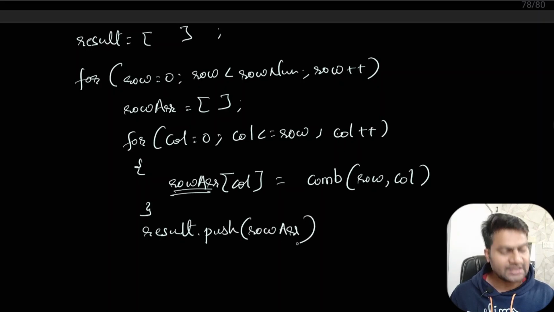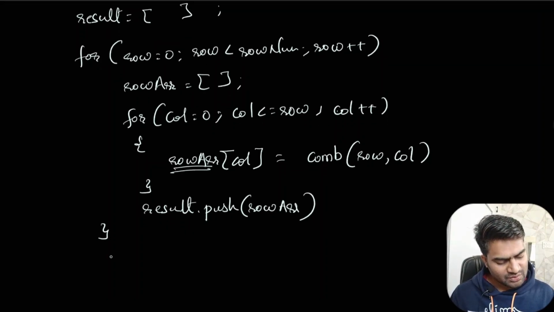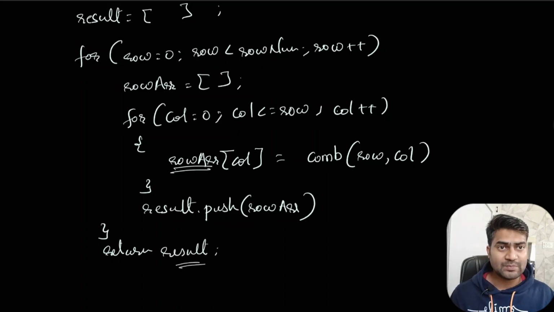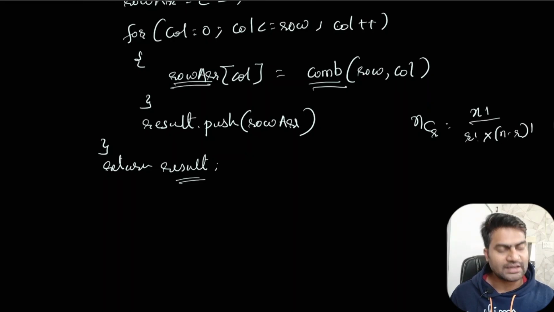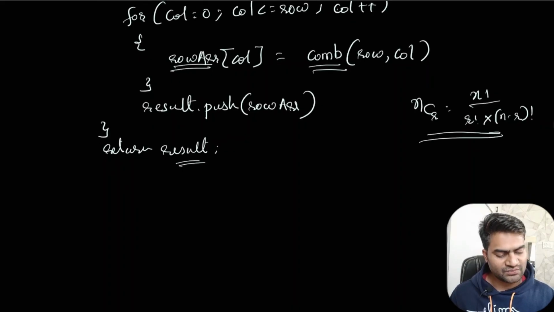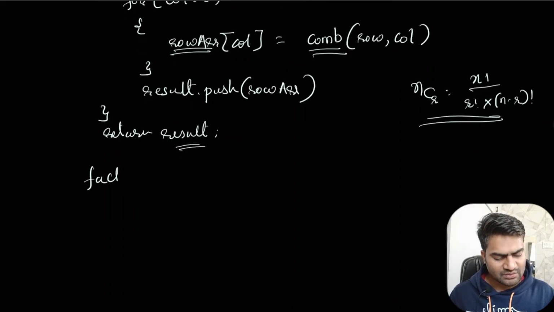So this is the generated row, and finally we will return our result array, which is the Pascal array. But how do we write this combination method? We knew NCR equals n factorial divided by r factorial into n minus r factorial, right? So I will use that. First we need a factorial method.